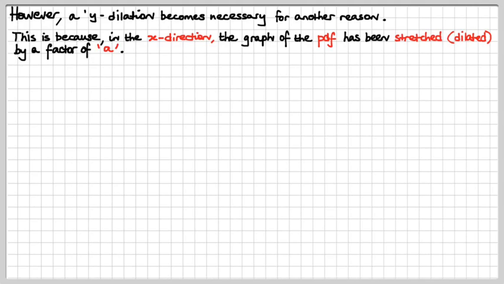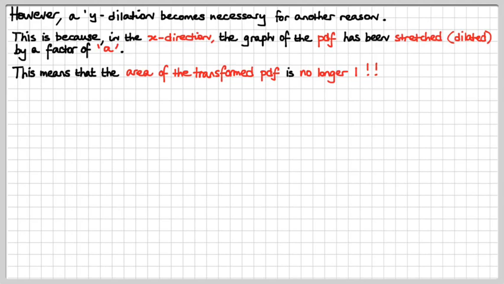So therefore, we've got a big problem here. This means that the area of the transformed PDF, quote unquote, is no longer 1. In fact, the area will be a, because we've stretched the linear dimension in the x direction by a factor of a. So we haven't got a PDF anymore, guys. We've got something which is a bit sick if it really wants to be a PDF.